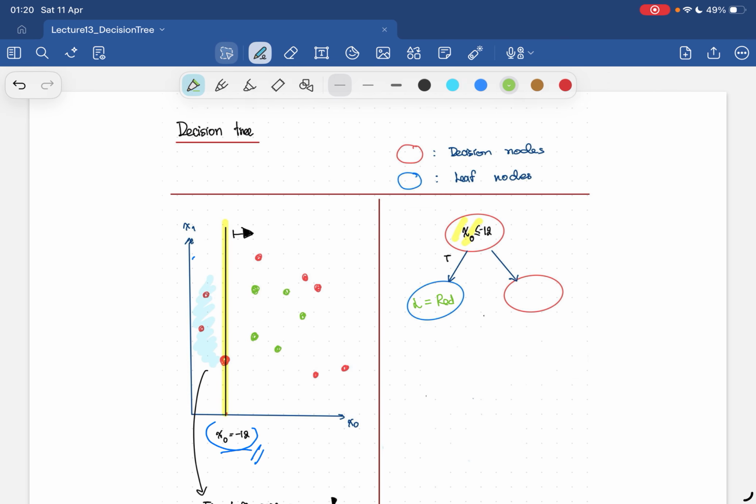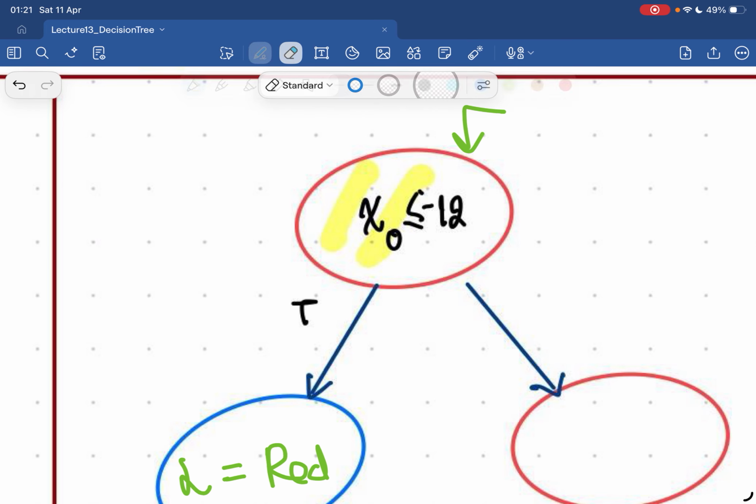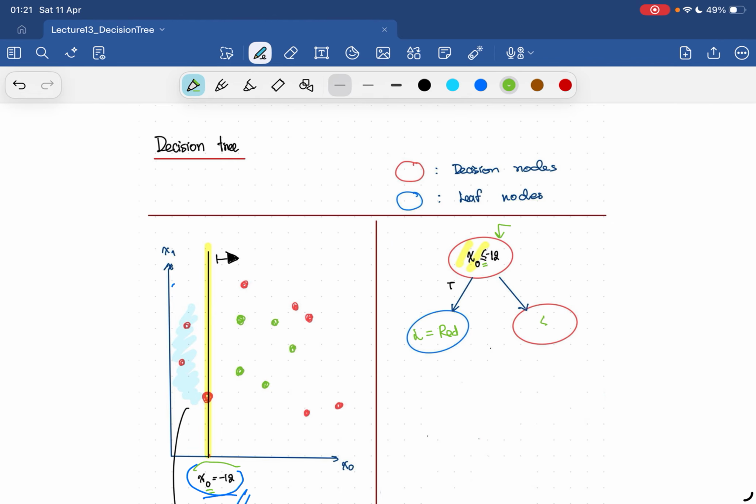And again, when we do splitting, that means this action of splitting becomes a decision node, right? And then you write what is the value of x0 at which you would make a split. One thing you have to be careful about is that when you use the notation of less than or equal, then for every decision you also have to use less than or equal. So let's say you use less than or equal, and if the value of x0 satisfies it, then maybe you put it on the left.